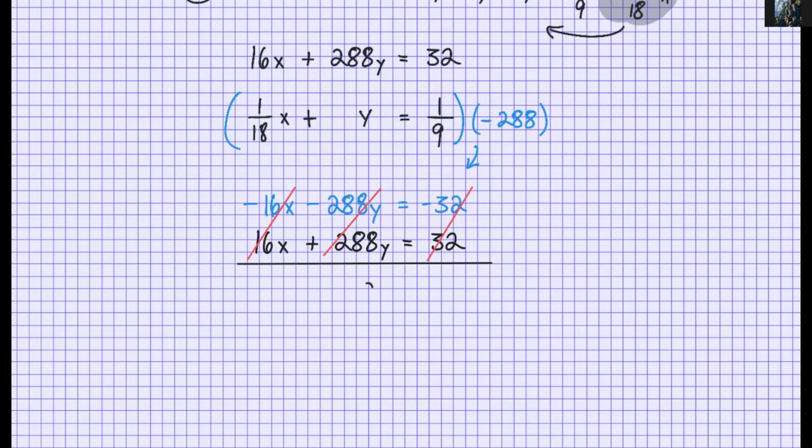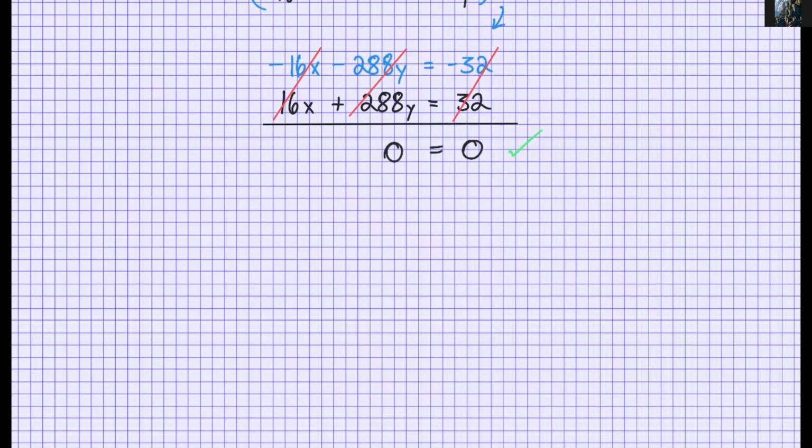So you end up with 0 equals 0. Now, this equality stands true, right? And the interpretation is that there is an infinite number of solutions. Why? Because they are exactly the same line.